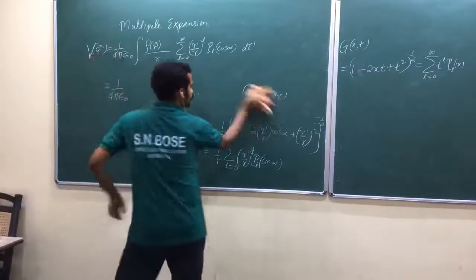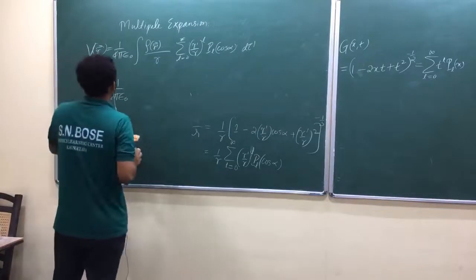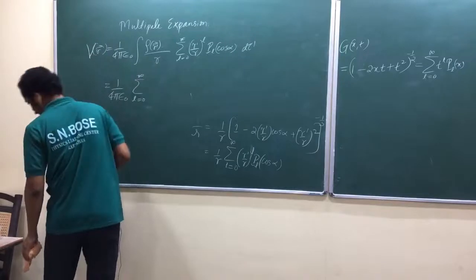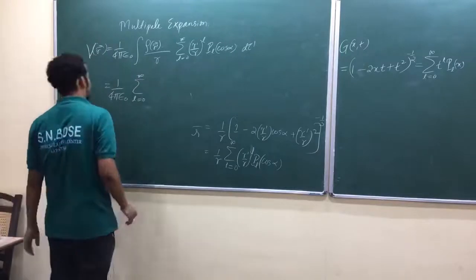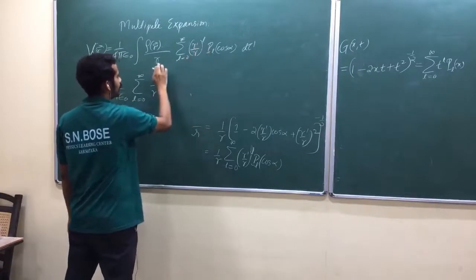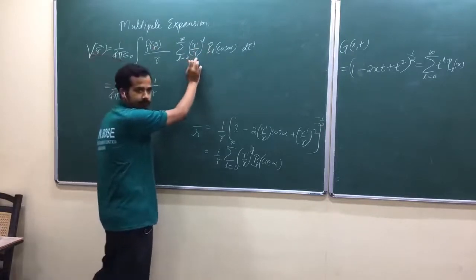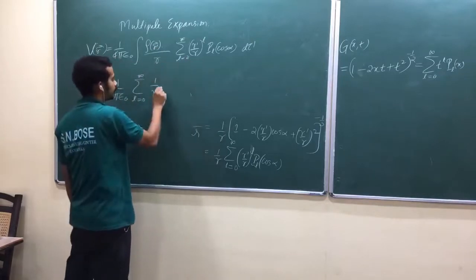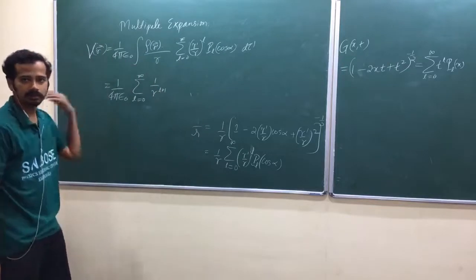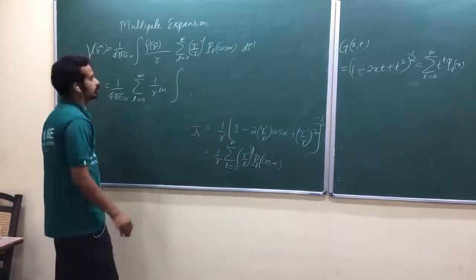Okay. Once you do that, what would happen here is, summation over L equal to 0 to infinity, so 1 by R power L. Let me take 1 by R inside. Summation outside, 1 by R power L plus 1 would happen. Now that's also outside the integral. I'll take the integral like this now. Rest of all inside the integral. Just think over it.